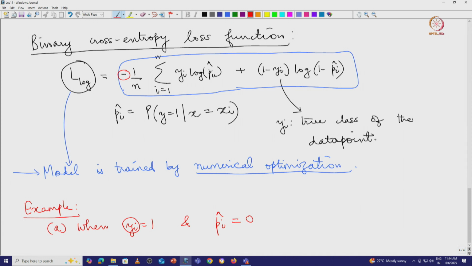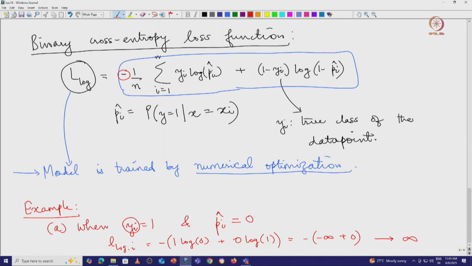So I am going to denote the loss for a single point using a lowercase l, and this value will be minus yi log pi hat, so that is 1 log 0, plus 1 minus yi, that is 0, times log of 1 minus pi hat, that is 1, right. Now you know that log of 0 is actually minus infinity, right. So this is minus infinity, and then this is of course 0. So this actually tends to infinity, right.